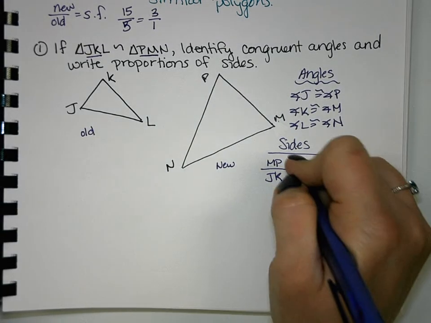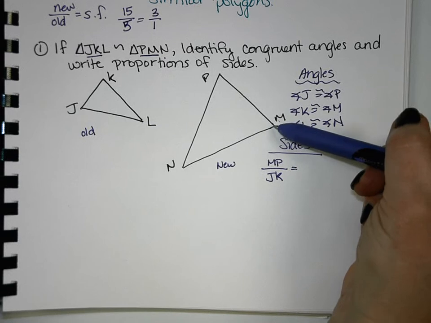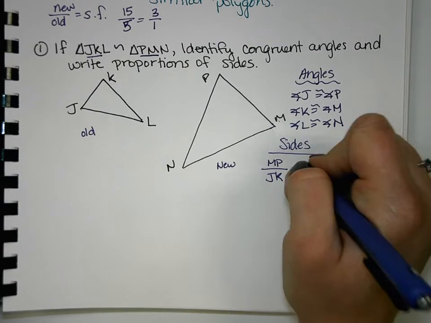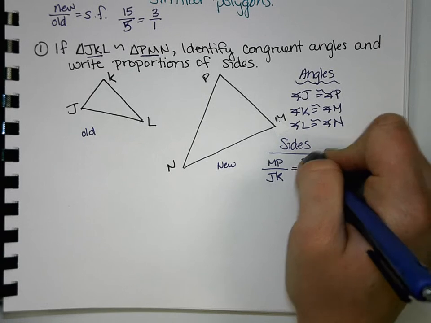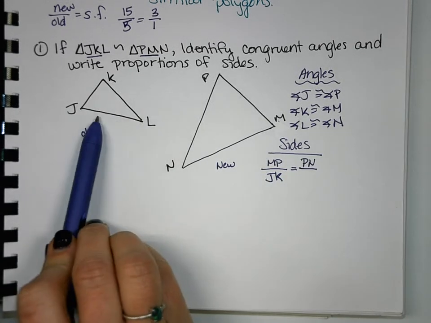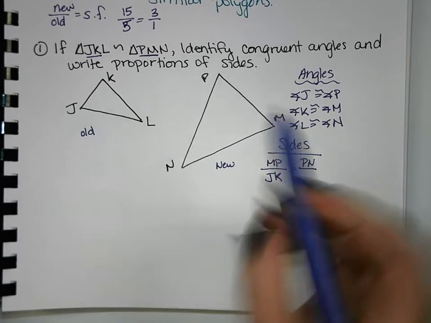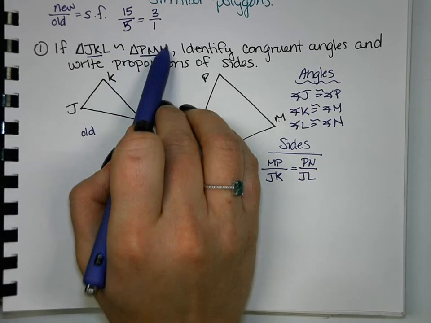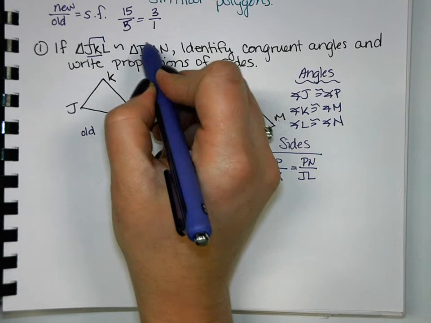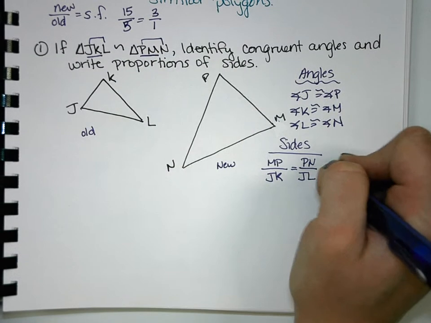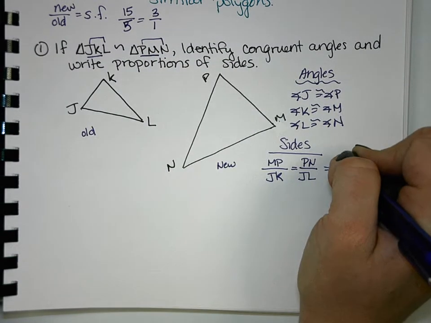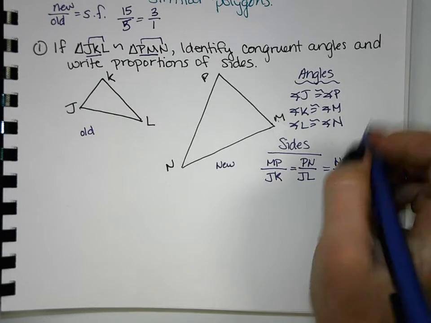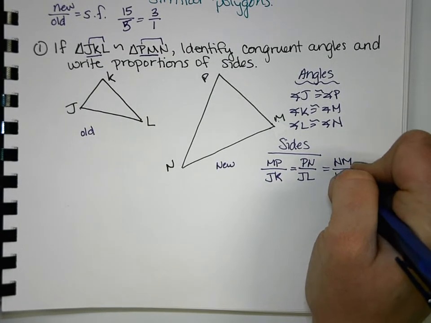Then I'm going to go to another side from my new figure. What's another side over here? PN. So over here, what matches with PN? JL. The outer two match with the outer two. And then our last side, NM, would have to match with KL.